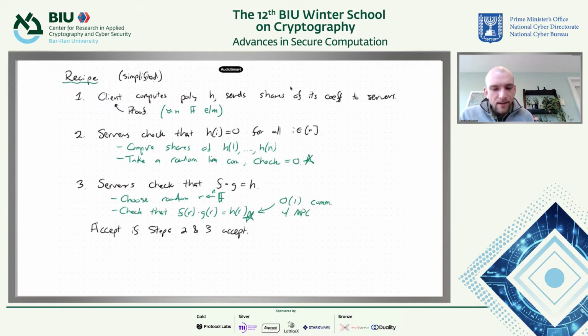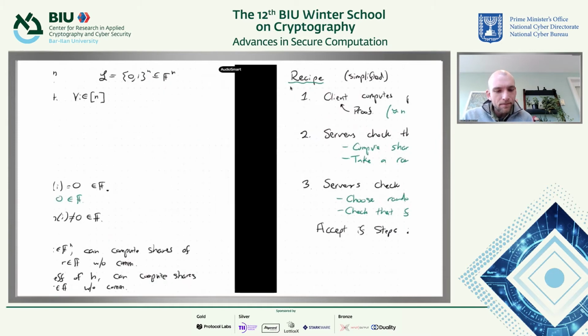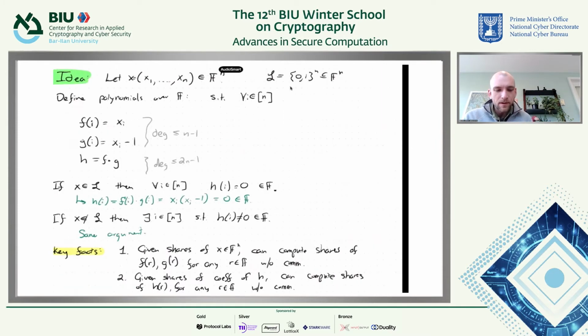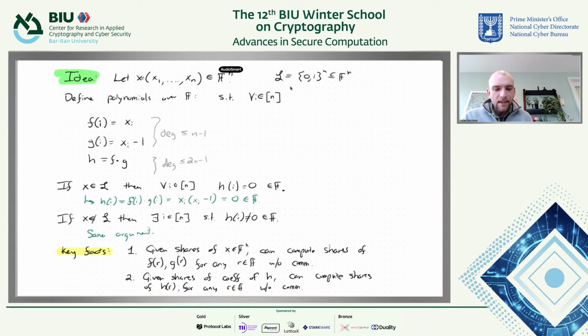There's no hidden scary stuff going on here. The idea, again, to give you some intuition for what's happening, is that the client is giving the servers this polynomial h. The servers derive these polynomials f and g from their own inputs, and if f times g equals h, and the output of h is good in some way, then the servers are convinced that the input is in the language that they care about.